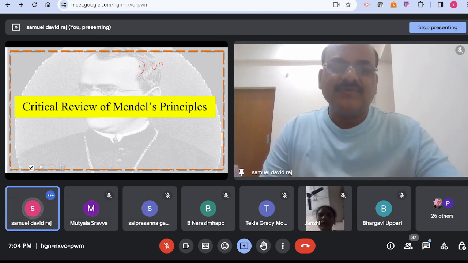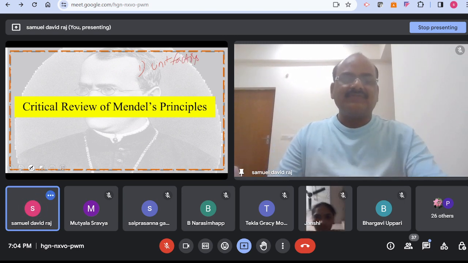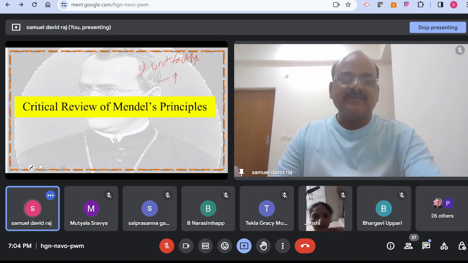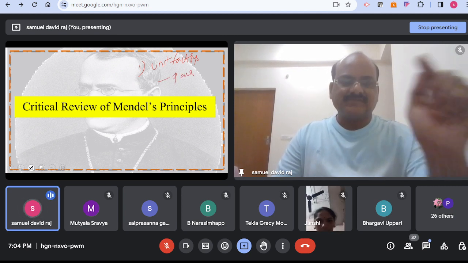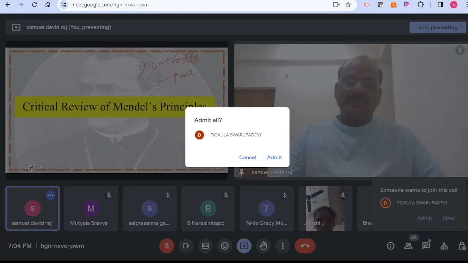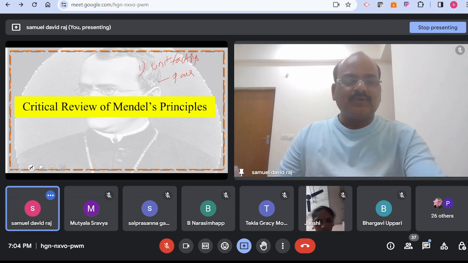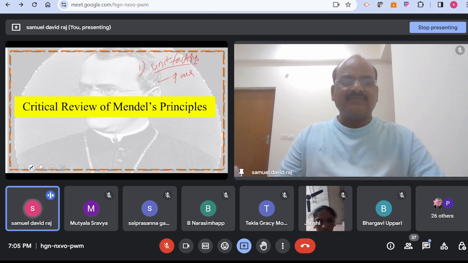There is the principle of unit factors, which says that for every character there is a pair of factors which determine the contrasting traits of a single character. That is what we call the principle of unit factors.